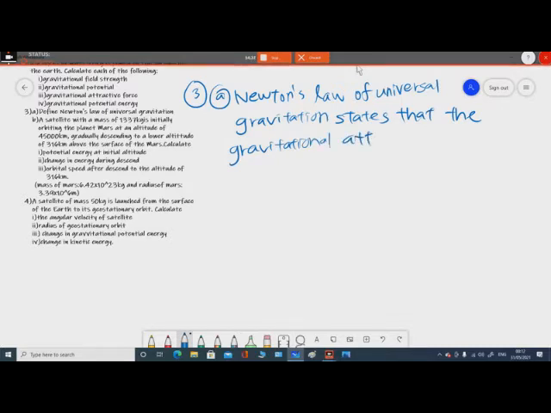I prefer to write gravitational attractive force since it looks very clear.